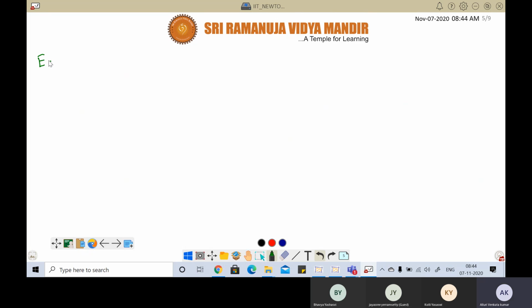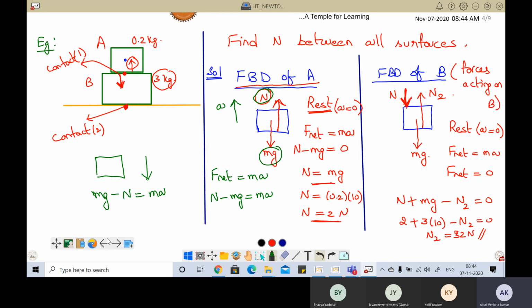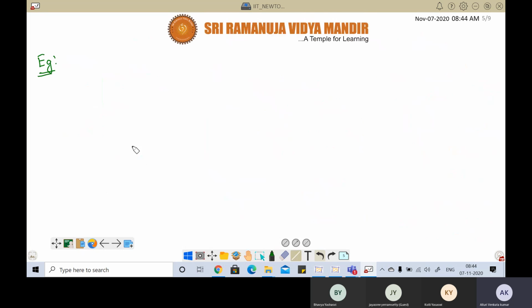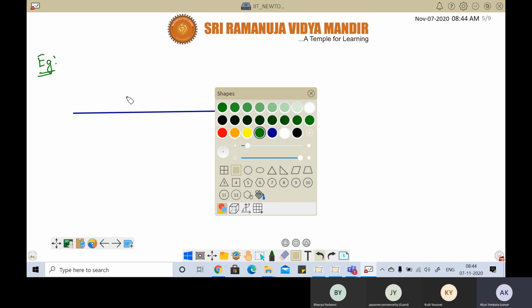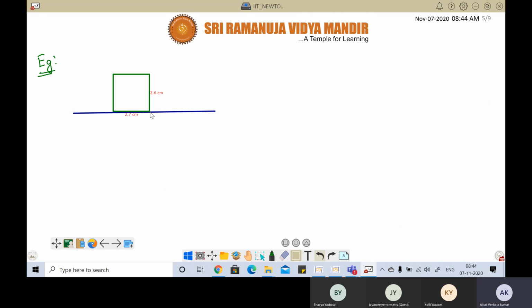Next problem. Now, in the previous problem, we took two blocks one upon the other. Suppose let us say there are two blocks which are side by side to each other, like this. This is 5 kg, let's say block A, and this is block B, which is 2 kg.